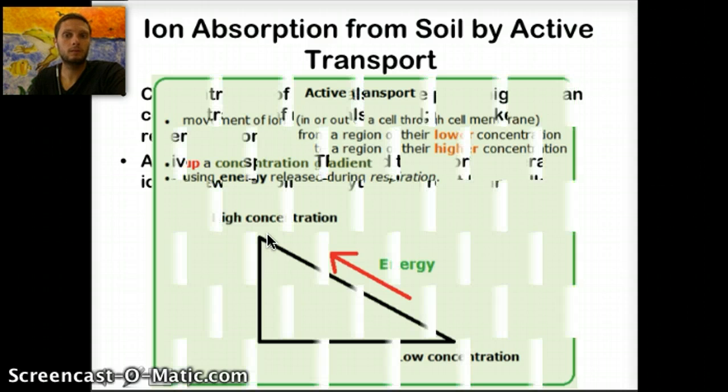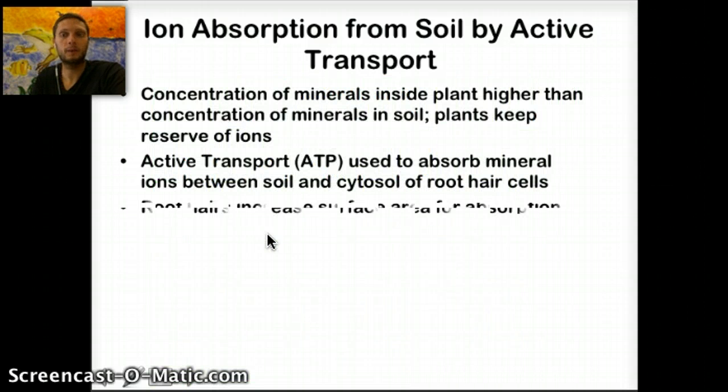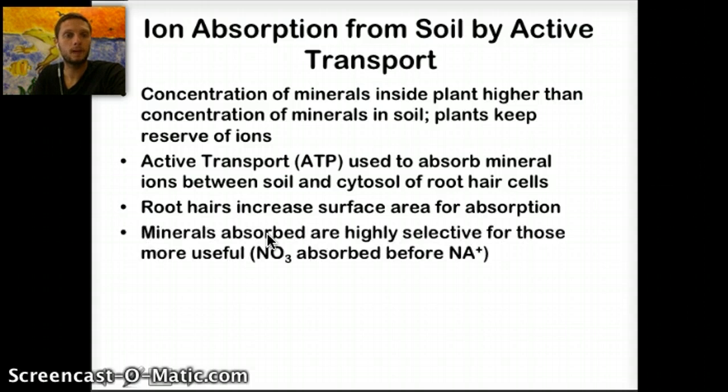And so this is made possible by active transport in the root hairs. And again, these structures, the hairs specifically, are used to increase the surface area for absorption. The minerals that are absorbed are really selected by the plant, and the plant's only going to absorb those that are more useful.